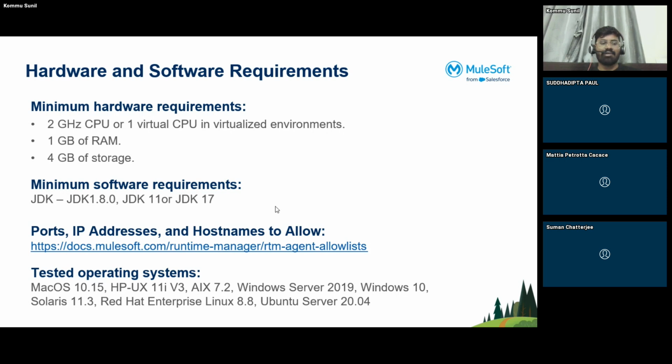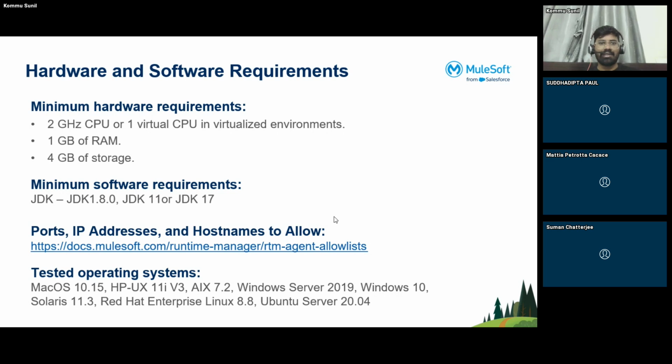And there are a wide range of ports and host names or IP addresses that need to be allowed from your server to the internet. That means the outbound firewall needs to be allowed. That is mentioned in detail in this URL, because there are a lot of points where you send metadata to your manager, which is in the MuleSoft hosted environment.